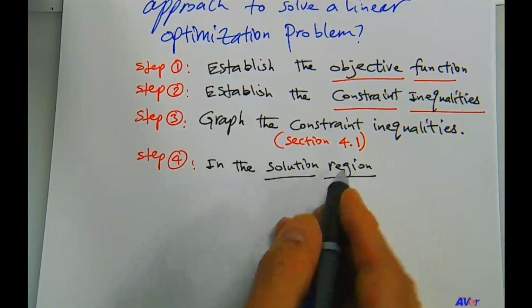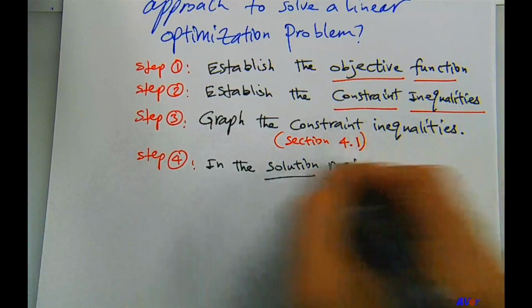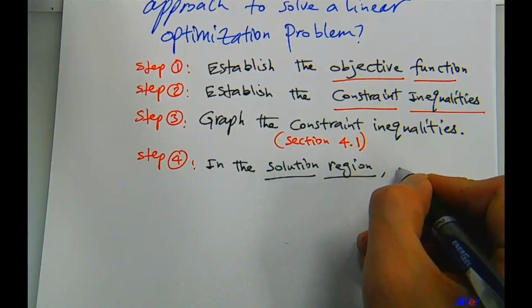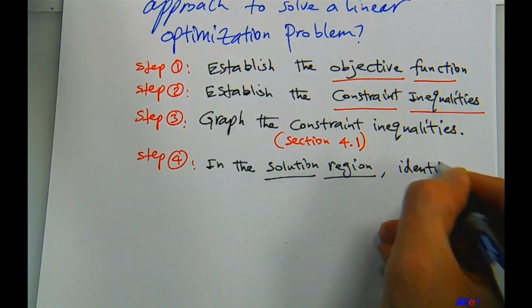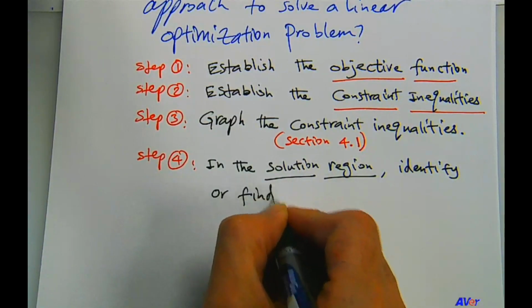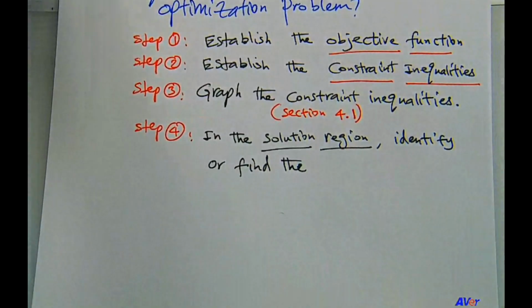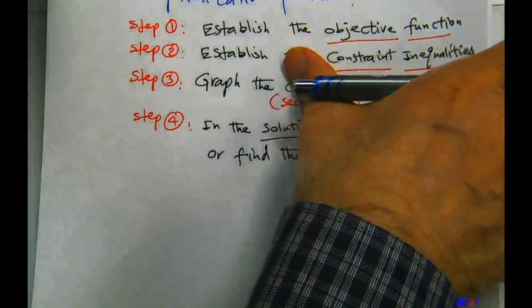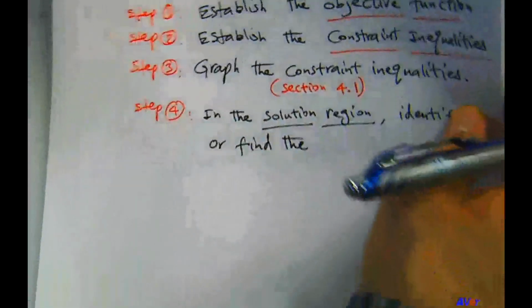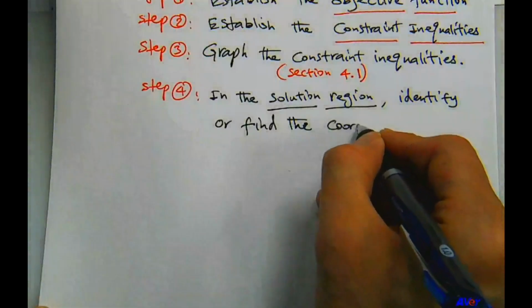So once you find the solution region for this set of constraint inequalities, in that solution region, identify or find the coordinates of the corner points of the solution region.